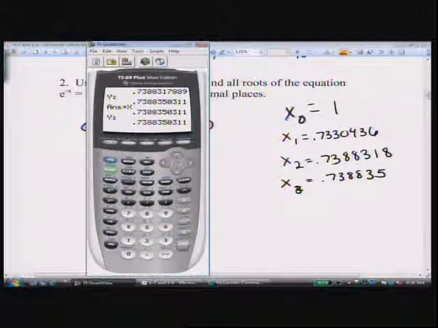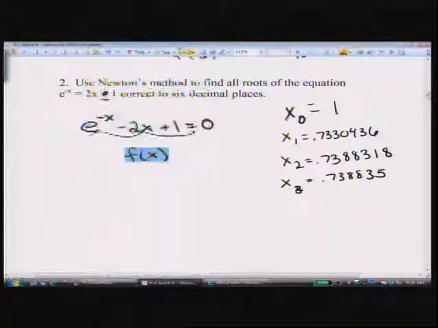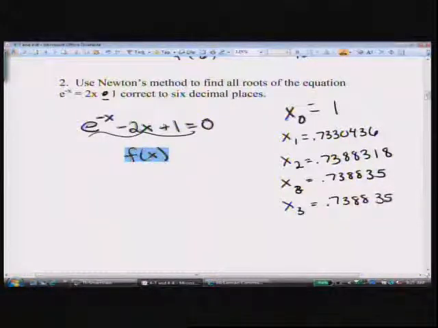That's accurate to 1, 2, 3, 4, 5, 6, 7, 8, 9, 10 decimal places. So x sub 3 is 0.738835. So I'm good to go.